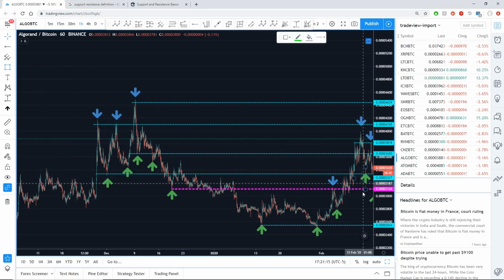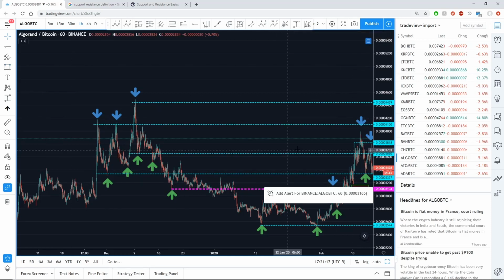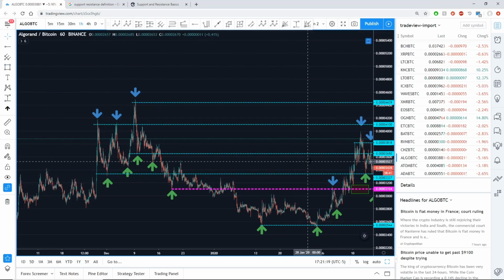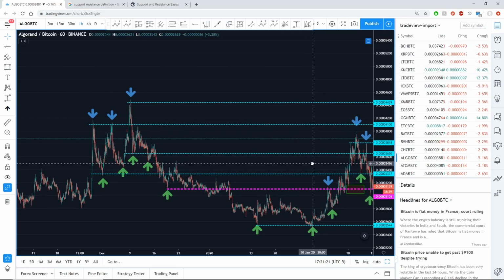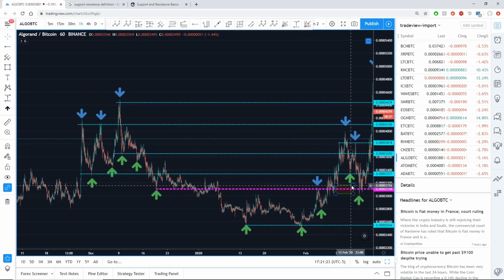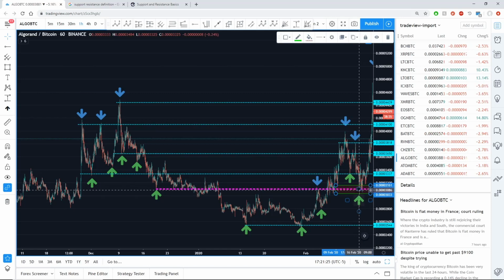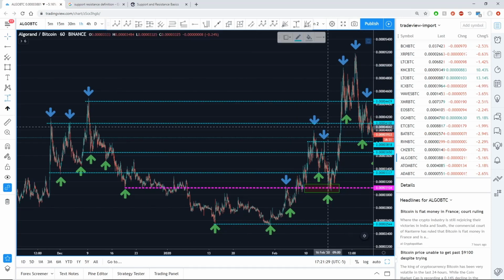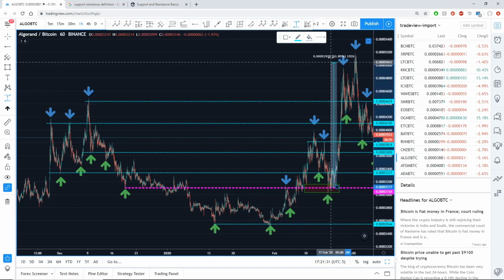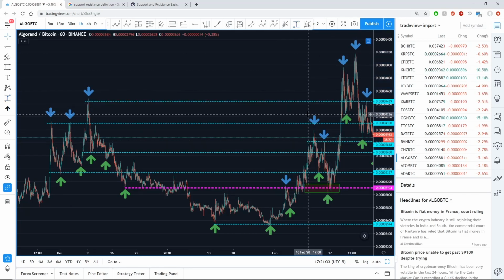Of course, now we know that it bounces there, but this would be a place that I start to look to enter a trade. And as you can see, had we used that here, we would have caught this before the massive move upwards here of 65% to the peak.